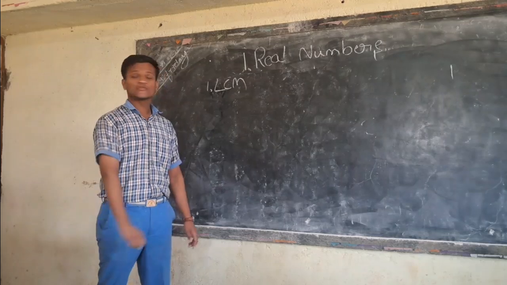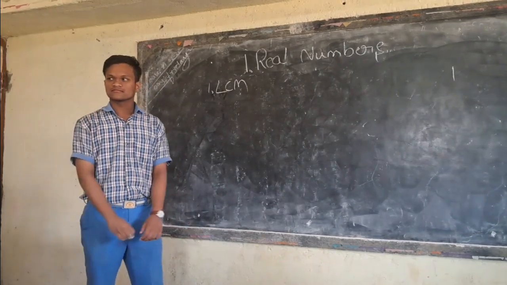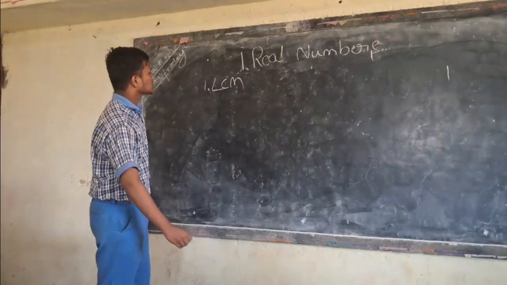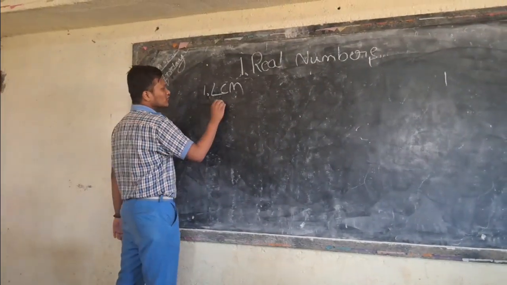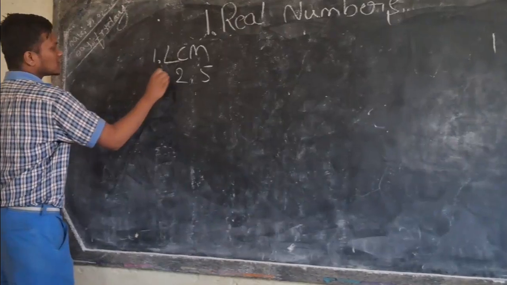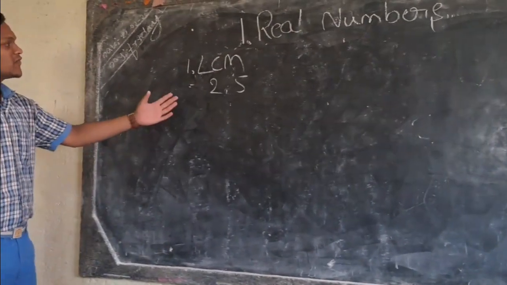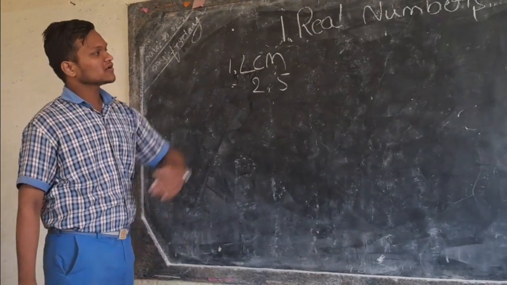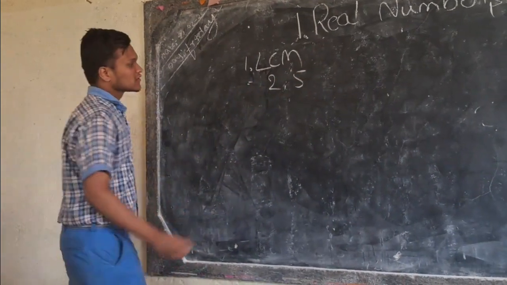Take an example for 2 and 5. Here we take LCM by the factorization method, which we have done previously.